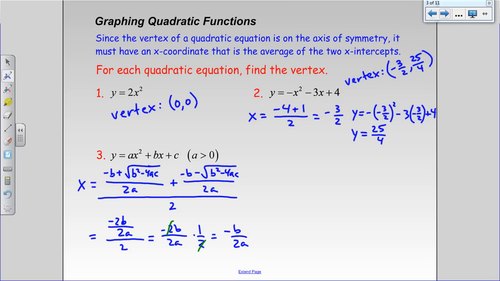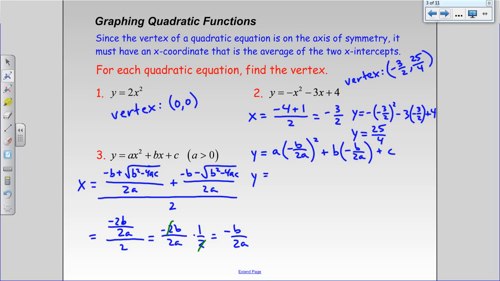In order to obtain a formula for the y-coordinate of the vertex, we would substitute negative b over 2a in for x. So we have y equals a times the quantity negative b over 2a squared plus b times the quantity negative b over 2a plus c.